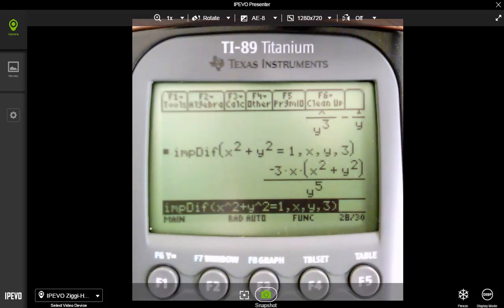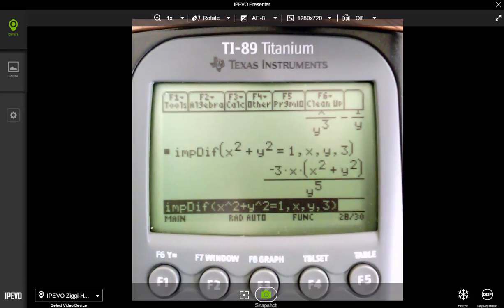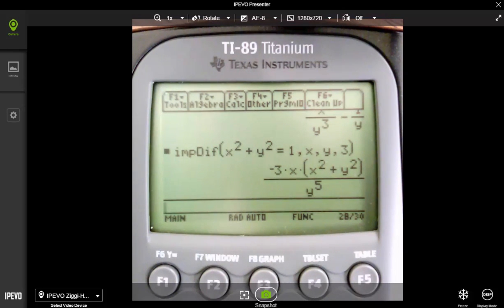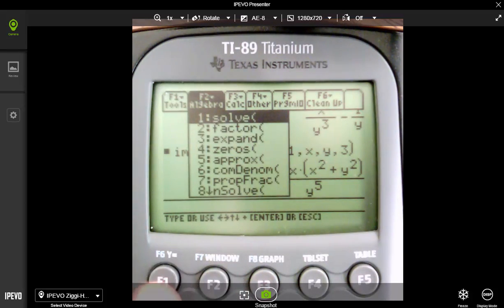So clear that out. And we're going to solve a system. How do we get to solve first? F2, 1.